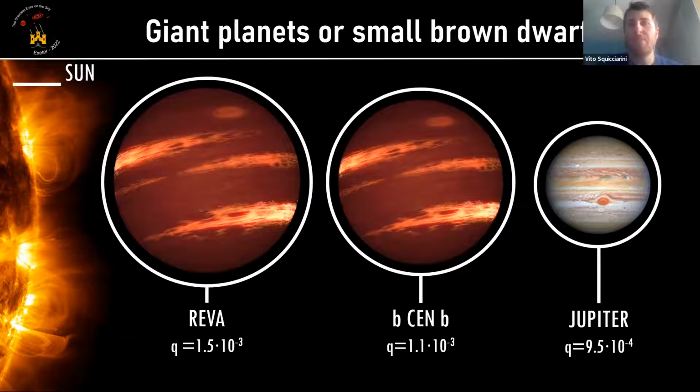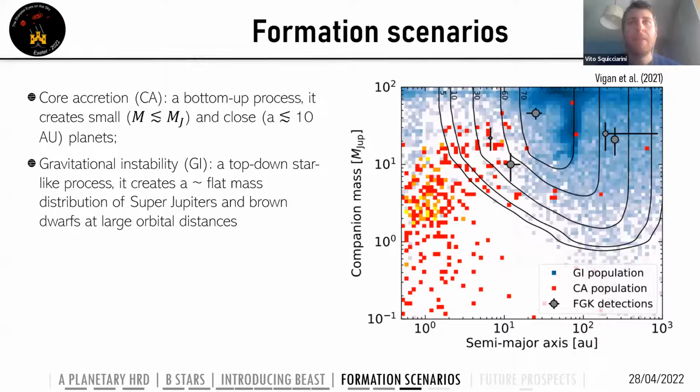Indeed, if we look at them not by their mass, but by their mass ratios, the ratio of their mass versus the stellar mass, we see that these objects are more similar to Jupiter than to brown dwarfs that are found around solar mass stars.